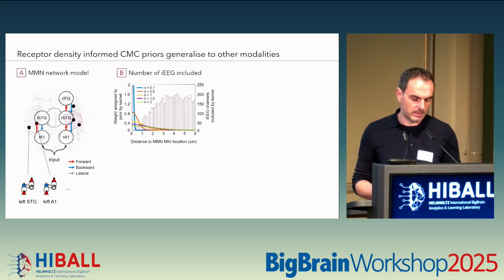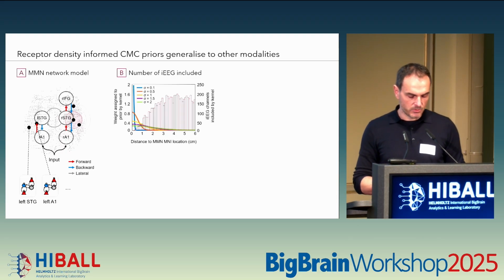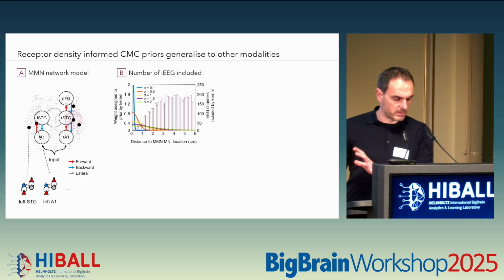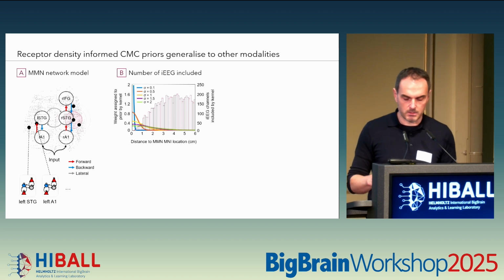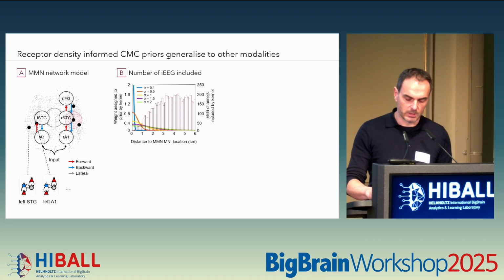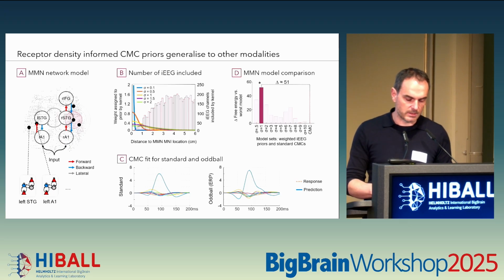So what we did here was assign the priors which we derived in the previous step to the different network nodes in the MMN model, to see if we get a better model fit for a different modality, a different modeling regime, and also for a network model. We got a good fit.